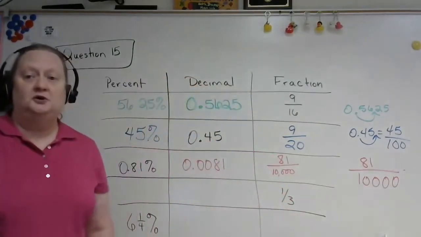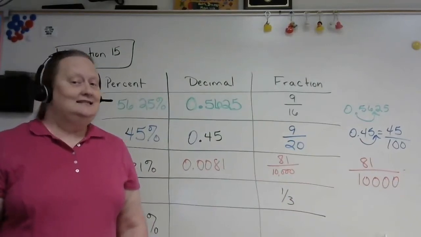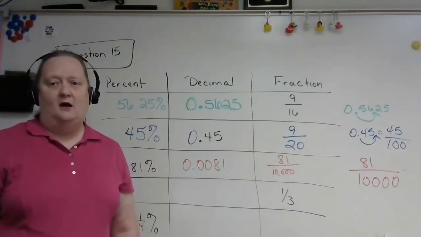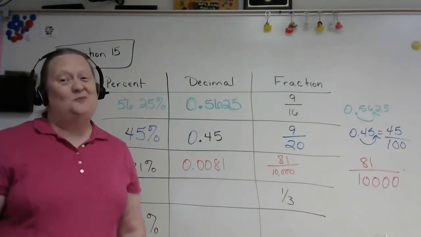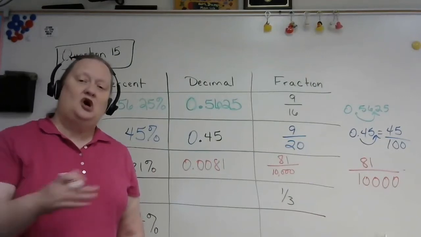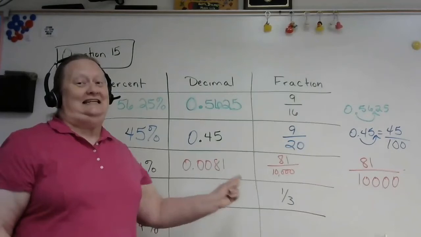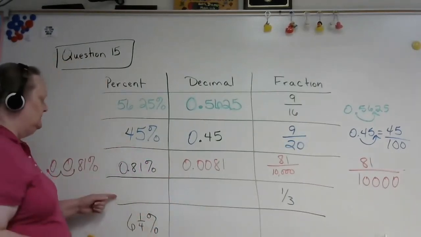Remember, do not put your commas in when you're typing in the computer. It does not understand them, but I will write them when I'm writing on the board or on my paper because it helps us count the number of zeros. And when you're trying to count the number of zeros on a computer screen, it's easier to count them if there's a comma, but don't type them in your computer screen.